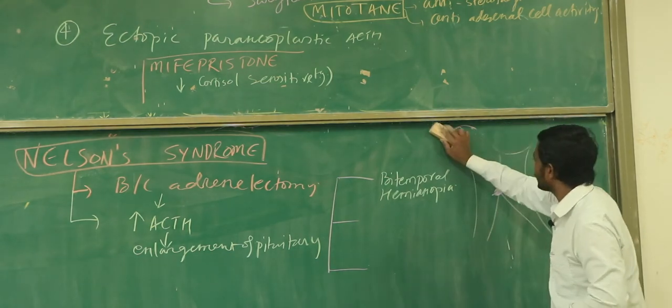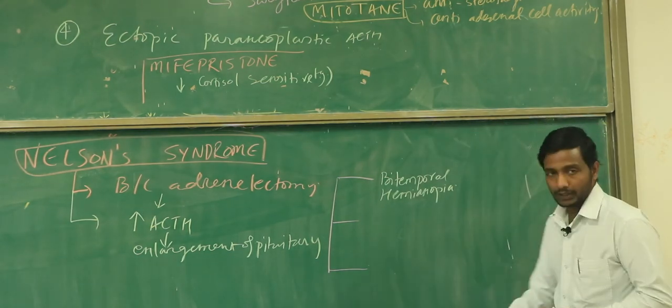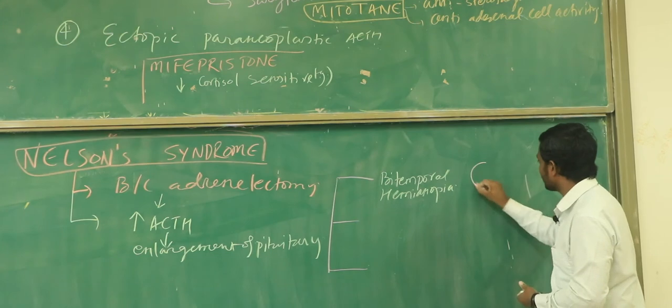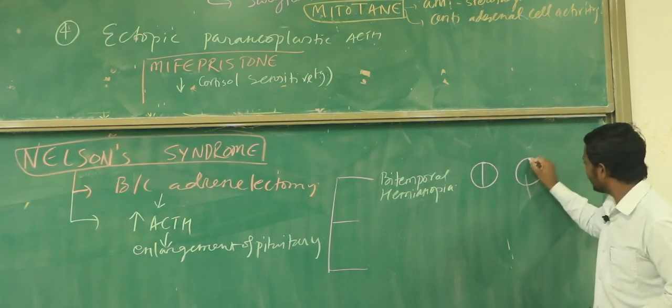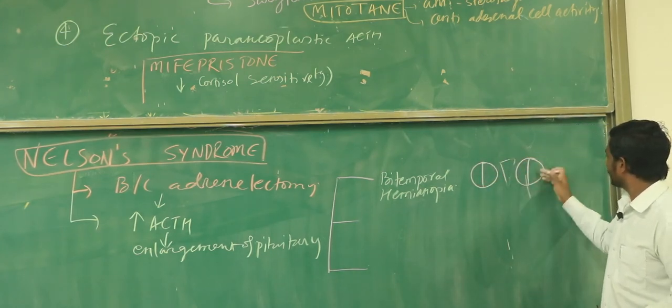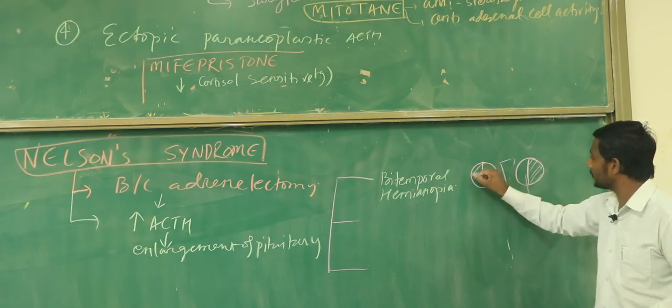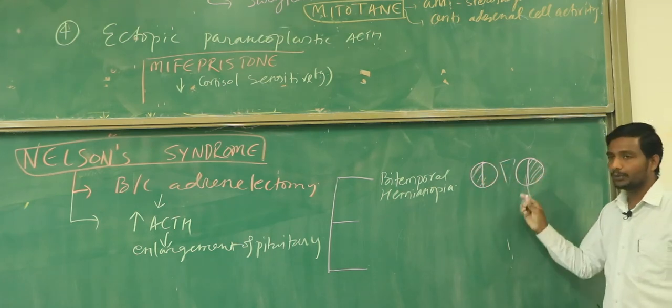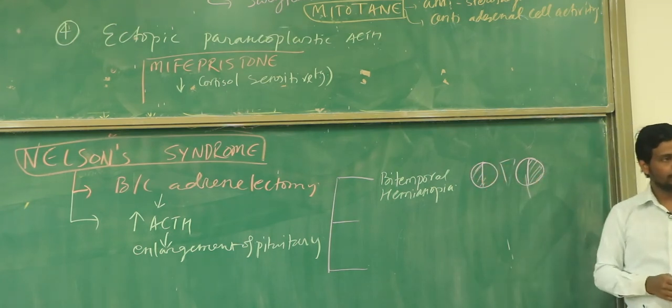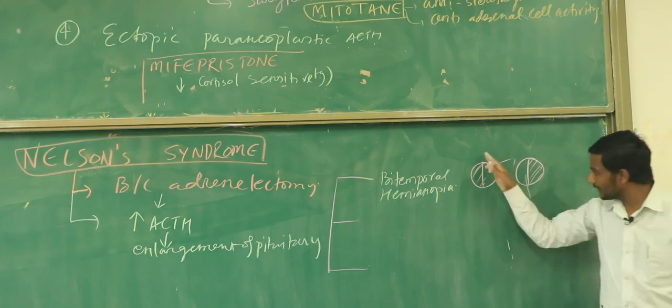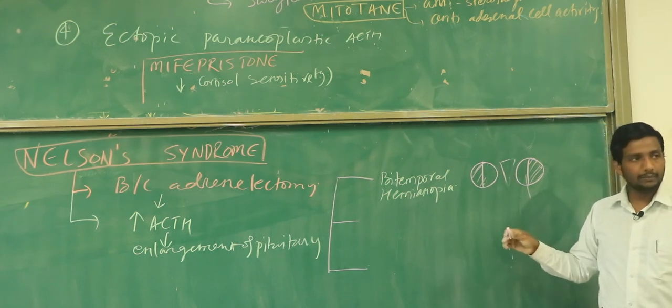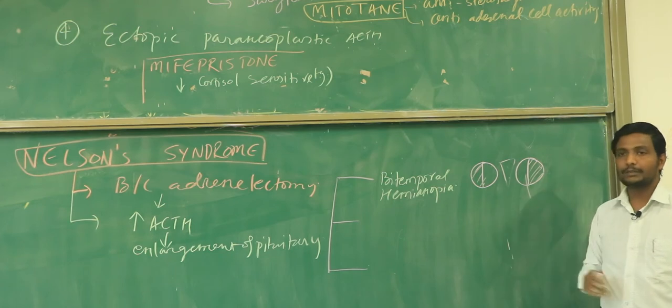Bitemporal hemianopia, and let me just draw one picture of it. It looks something like this. If this is the image, this is the nose here, so the temporal side you are not able to see. So we call it bitemporal hemianopia, right? Hemianopia means half, hemi, and bitemporal means the temporal image on both sides is not there.